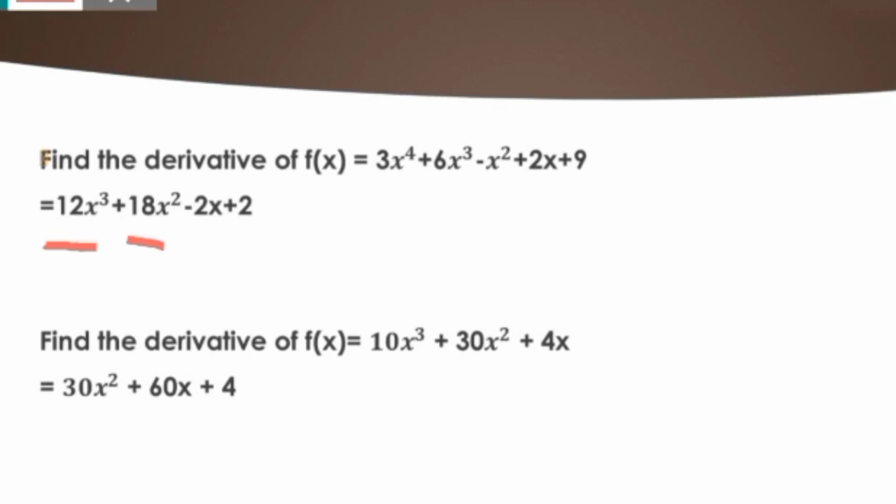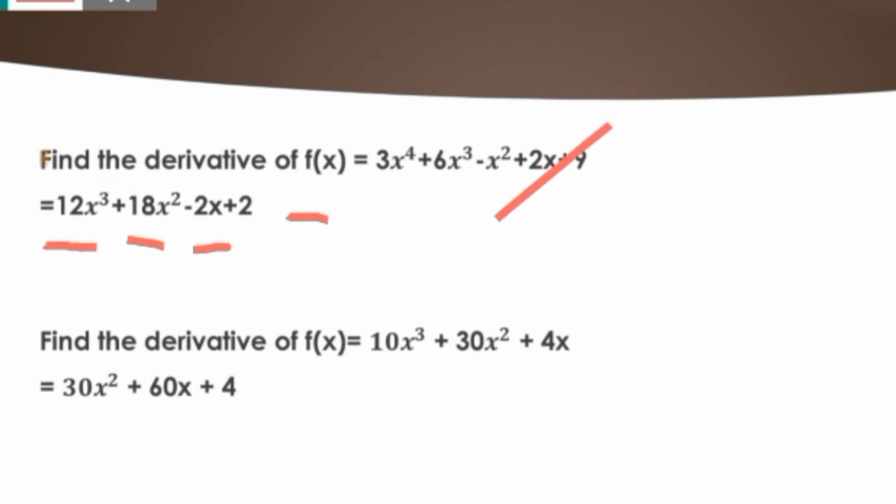Then 2 times negative 1, so negative 2. 2 minus 1, so 1, so negative 2x. Then 2 here, we have 2. Okay? So the answer would be 12x cubed plus 18x squared minus 2x plus 2. We are going to cancel the 9.